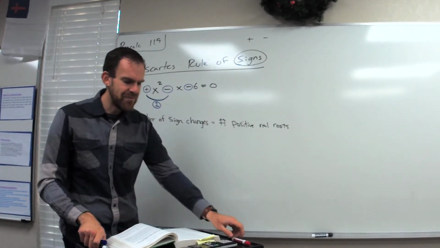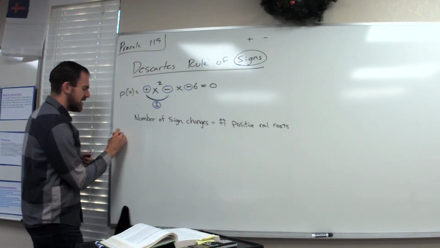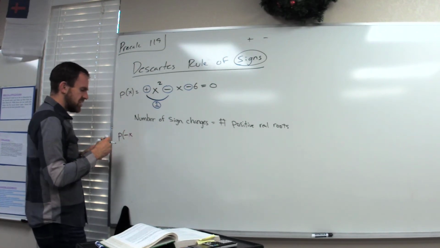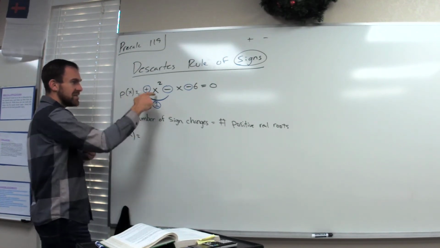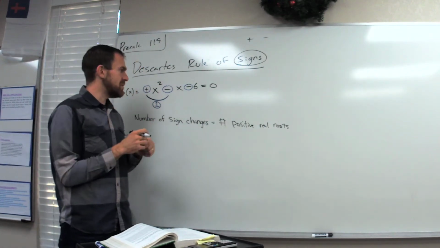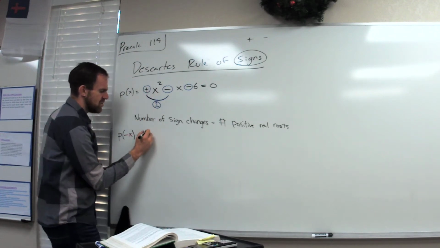Well, for that, you actually have to find p of negative x. So you're going to have to plug in negative x to your polynomial. And what that's going to do is change some of the signs. So if I plug in negative x to x squared, well, let's just show our work here.